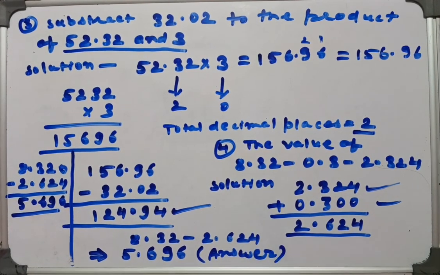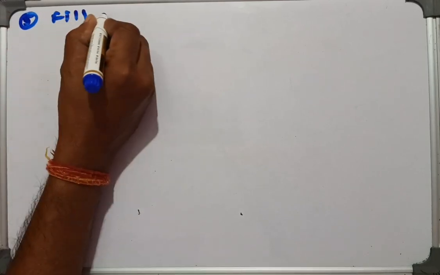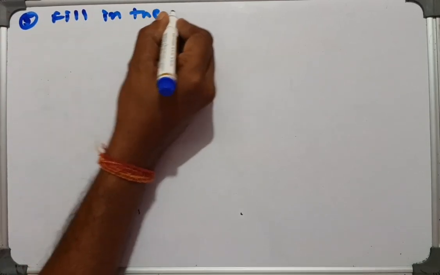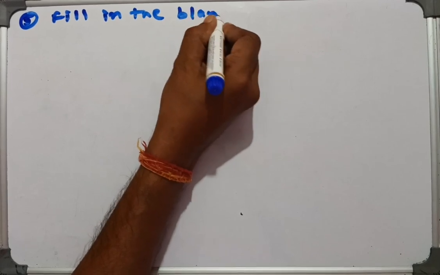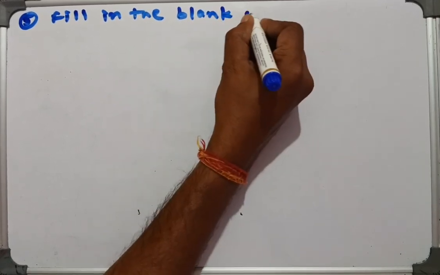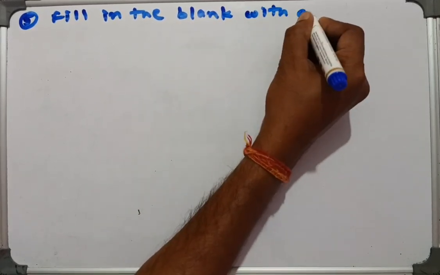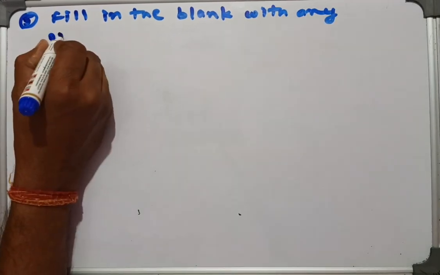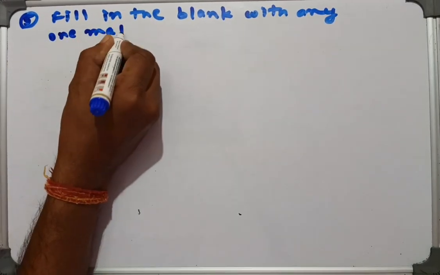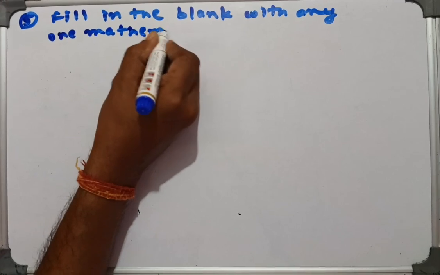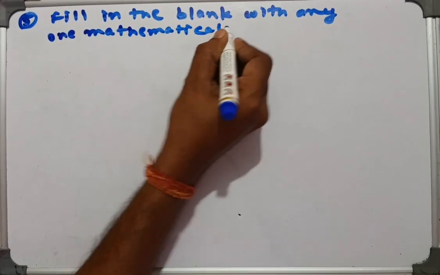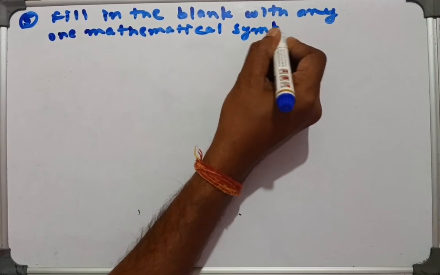Okay guys, now take another example. The fifth question: fill in the blank with any one mathematical symbol.